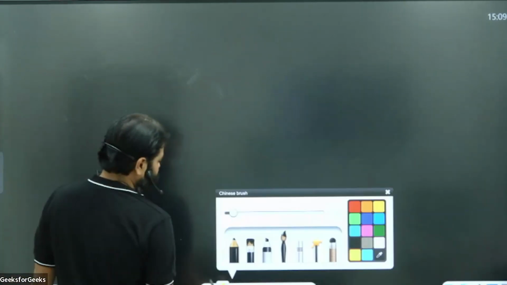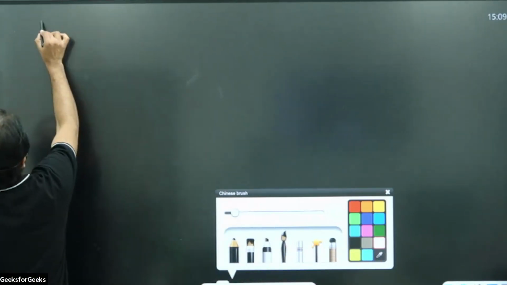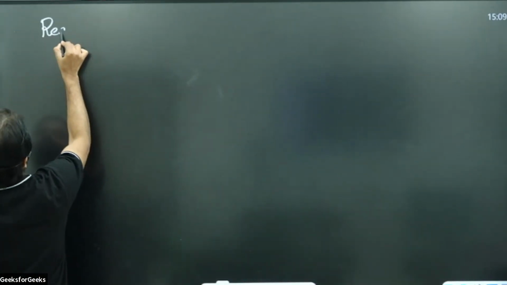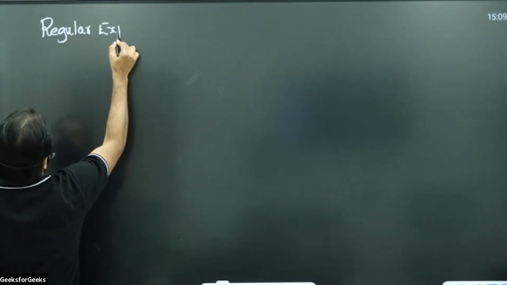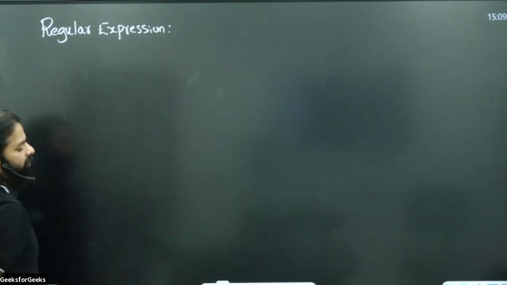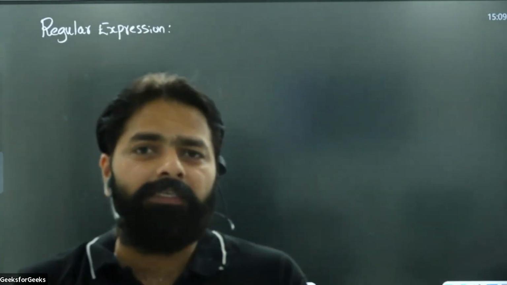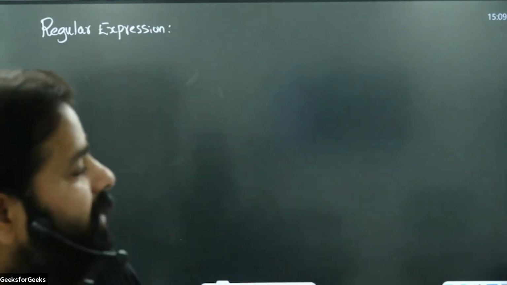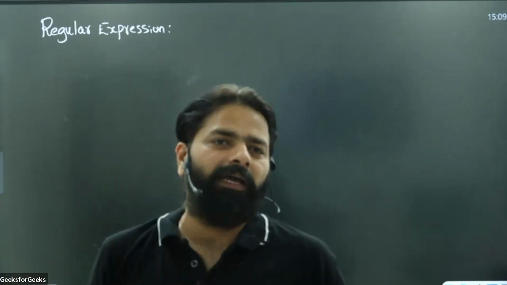Okay, let's begin the session with the first topic, regular expression. Look at these two terms, regular and expression. The name itself has much meaning. Regular represents that it is used to represent regular languages. Expression represents that it uses an expression to describe a language.